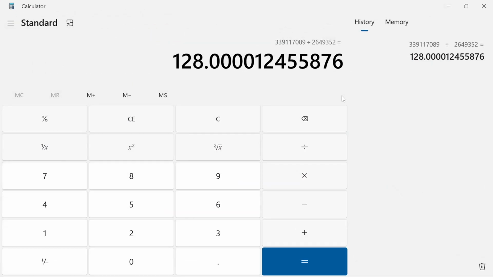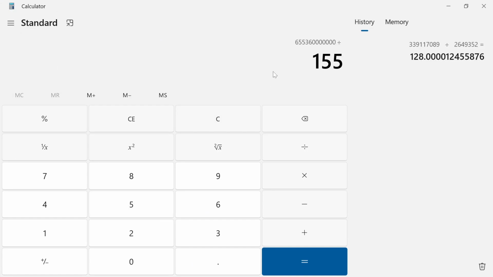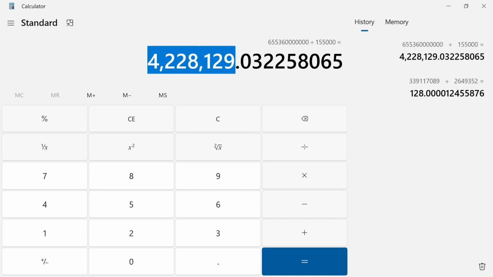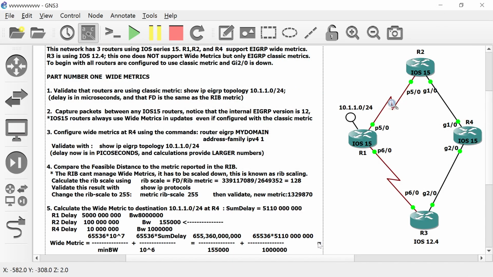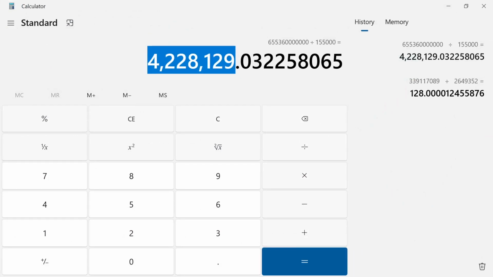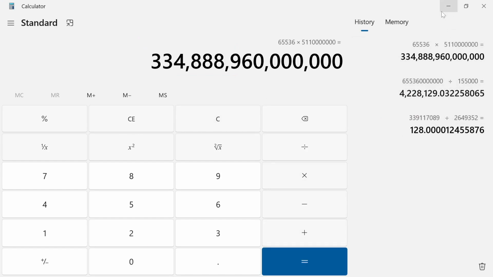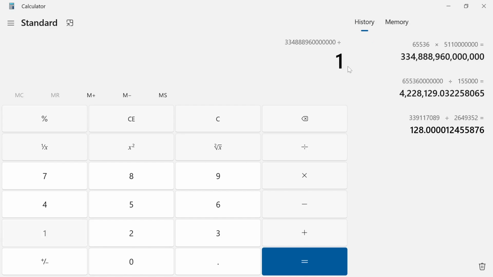Let's go to the calculator, and this by the minimum bandwidth is this number. Remember that this should be integer calculations. So now let's calculate this. And then we'll have to divide that by 153.